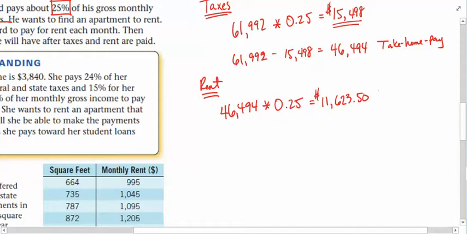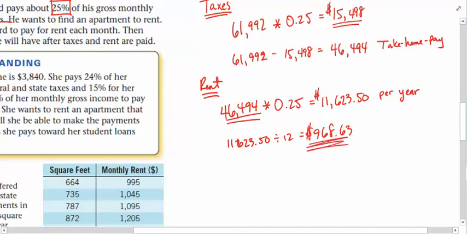This is the total amount that he can spend on rent per year, because we're dealing with an annual income at this point. To determine monthly payment, we will divide this value by 12, so $11,623.50 divided by 12 appears to be $968.63. So almost $1,000 per month for rent for Alex.